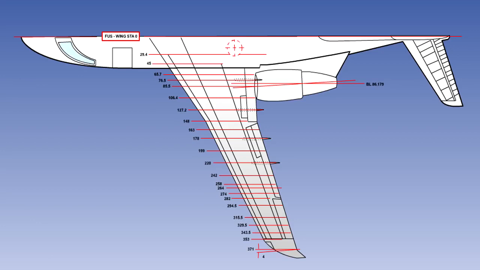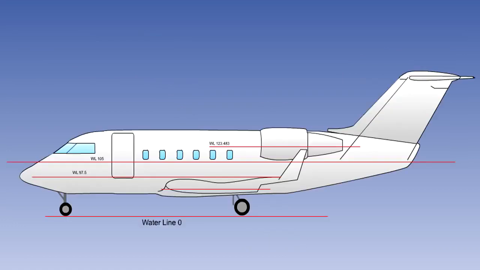Wing station numbers are measured in inches left or right of the aircraft centerline. Vertical position is identified from the horizontal datum. These positions are known as waterlines or buttock lines and are measured in inches from the datum. Plus is used for locations above and minus for locations below the datum.